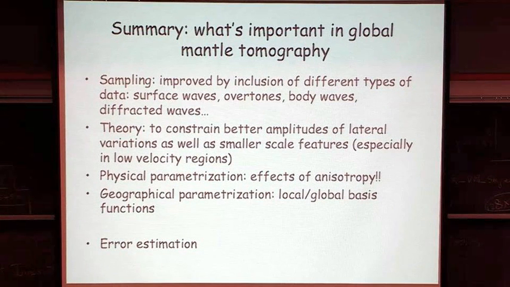In your talk, you showed some checkerboard tests of the resolution of the inversion matrix. But I'm wondering whether people do some tests of whether a method is applicable to the scale of the velocity anomaly. Because generally there are 2 ways to do tomography, using ray theory or finite frequency. And basically it's based on 2 different assumptions. Finite frequency is based on the anomaly being really small compared to the wavelength.